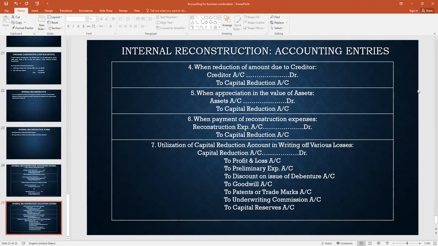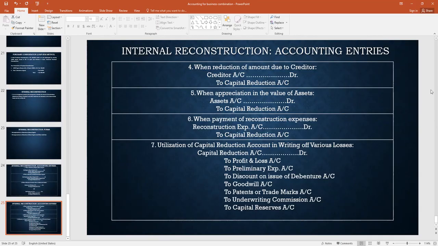Now the last entry. Whatever amount we have transferred to the capital reduction account, we need to use the same amount to write off various kinds of losses. Maybe the company has a loss in the profit and loss account. We also have preliminary expenses, underwriting commission, and discount on issue of debentures. All these losses we need to adjust against the capital reduction account.